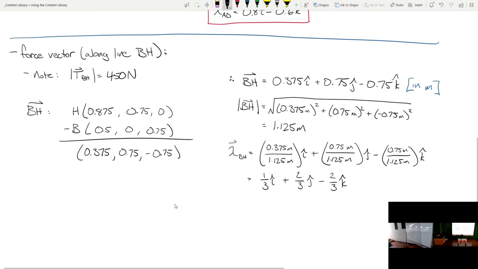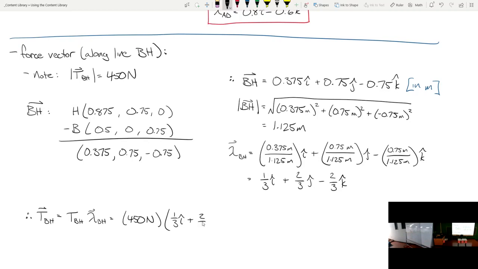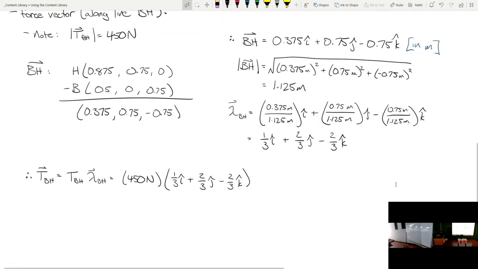So therefore, the force vector is the magnitude times the unit vector. So 450 newtons times 1/3 of I plus 2/3 of J minus 2/3 of K. So what we get, I think I can do this one in my head.